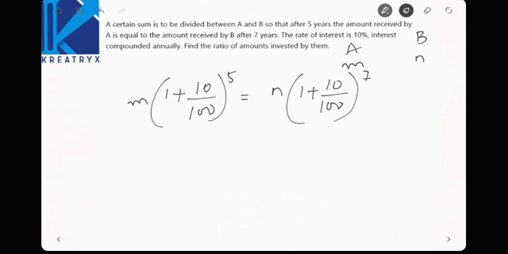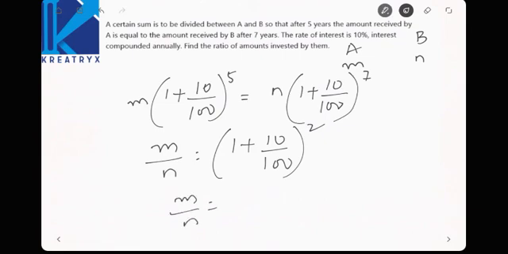Now what happens here? m by n, upon simplification, what we get here? 1 plus 7 minus 5 will be 2. Am I right? Easy calculations, right? m by n is equal to 110 by 100, that is nothing but 11 by 10, that is equal to 11 by 10 whole square, that is equal to 121 by 100.